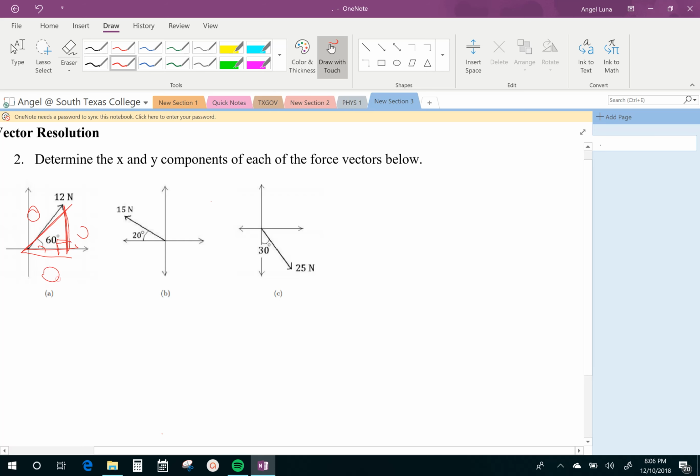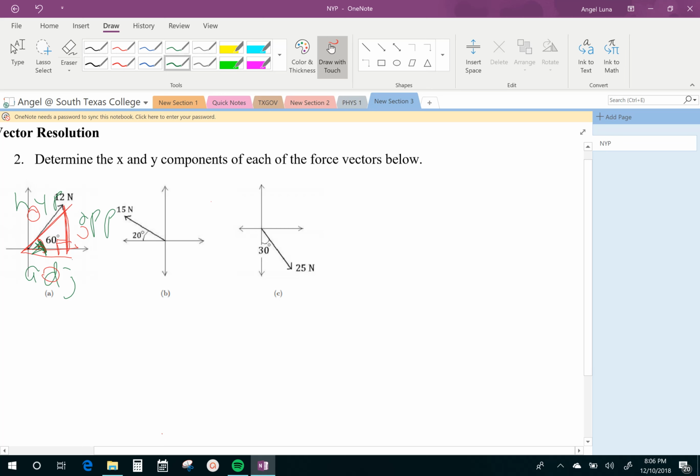This is the angle that we're interested in. This would be considered the opposite side of this triangle. Since we've already established that this is the hypotenuse, this makes this the adjacent side.